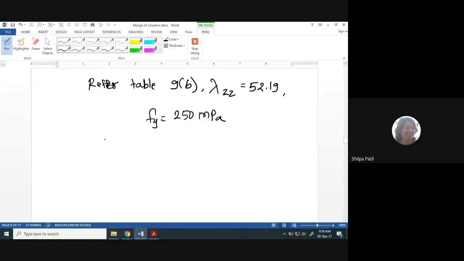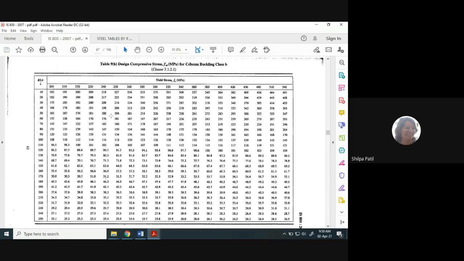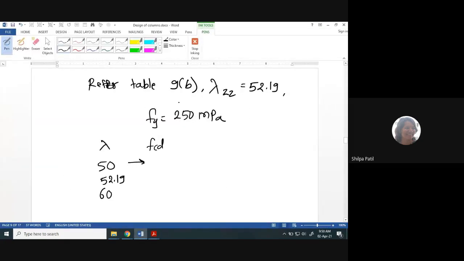We have the lambda values 50 and 60. We want to find out for 52.19. FCD values are, for 50 it is 194 and 181.